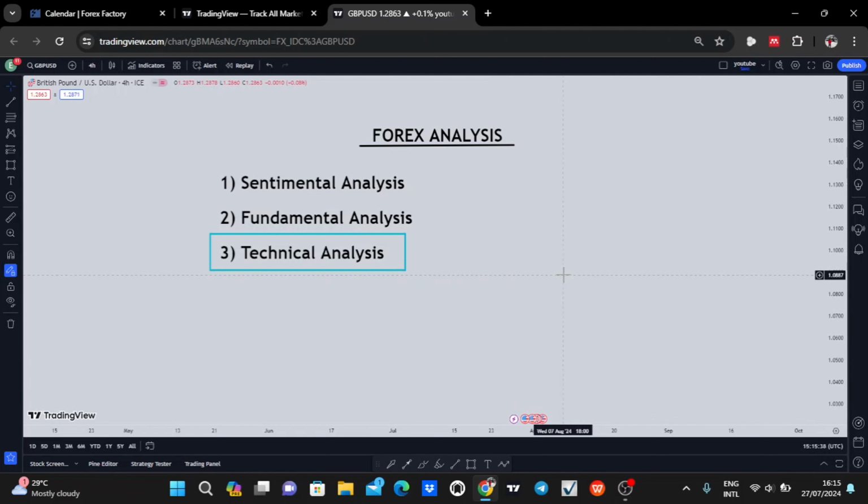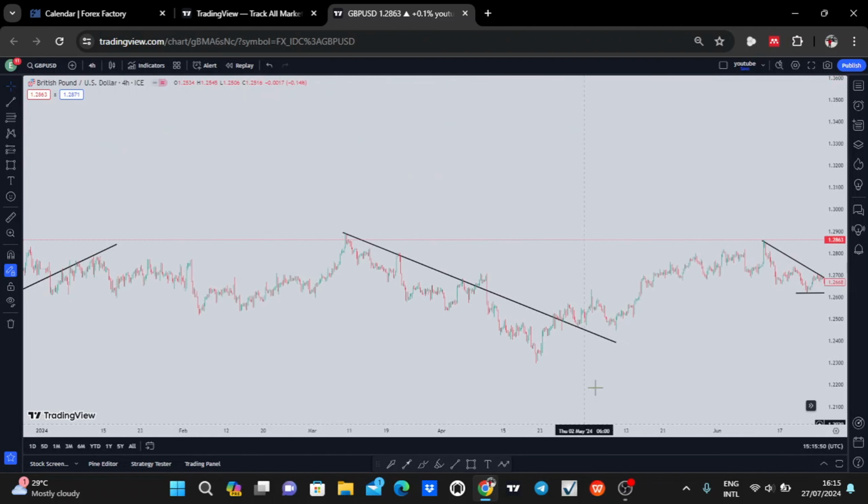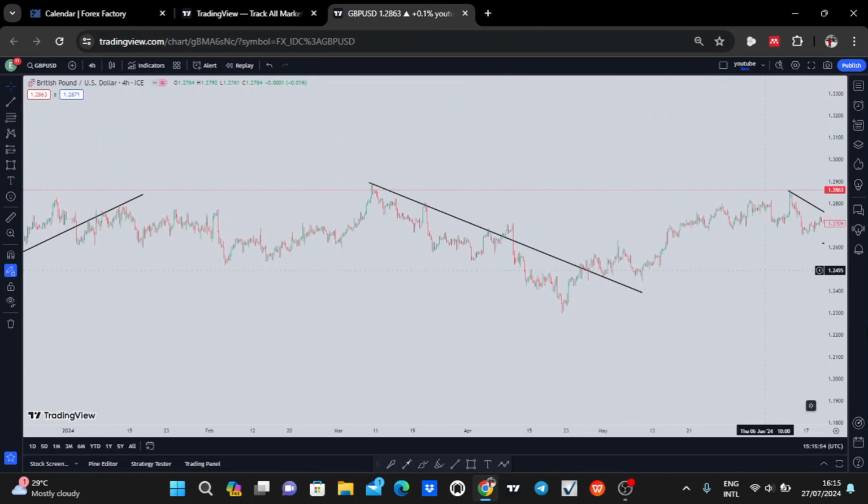Finally, we have the technical analysis. Now, this method of Forex analysis involves looking at past market data, the past price movements on the left hand side of the chart, to predict future price movements.